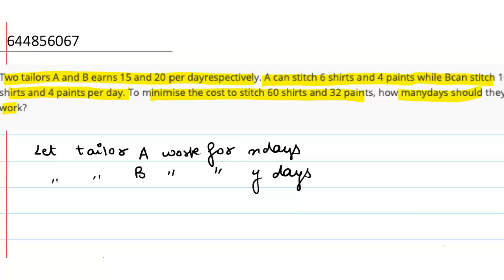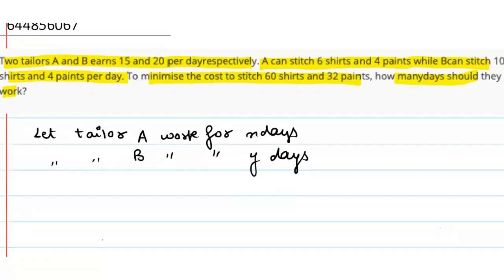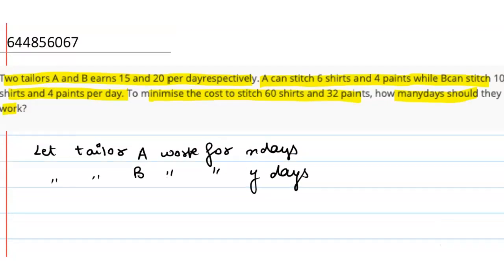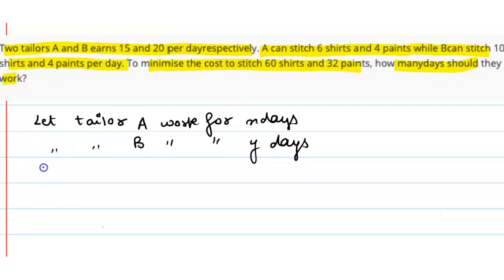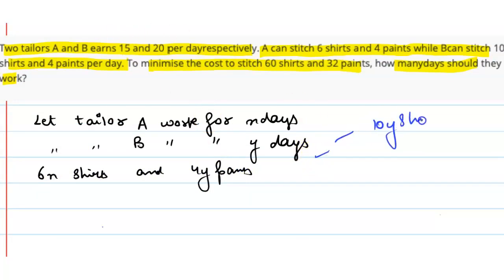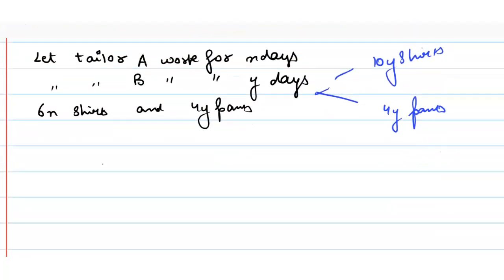Okay, so thus in x days, A can stitch 6x shirts and 4x pants, whereas B can stitch 10y shirts and 4y pants, and the minimum requirement is 60 shirts and 32 pants, right?